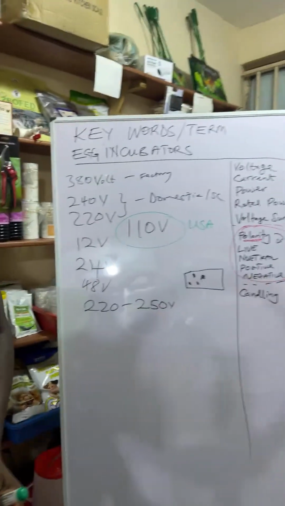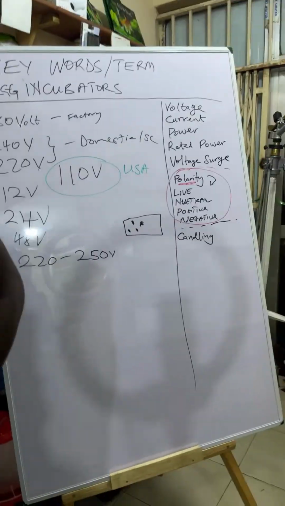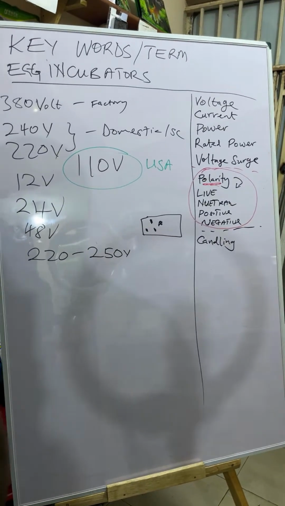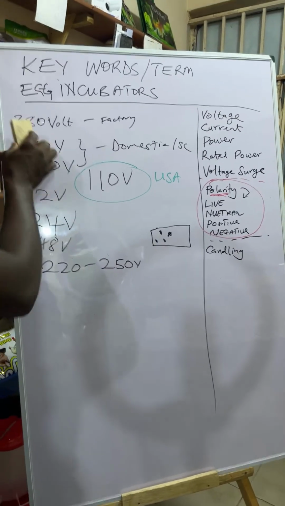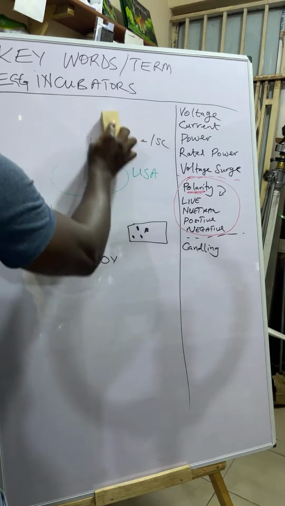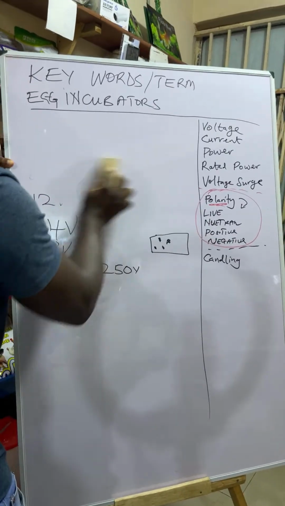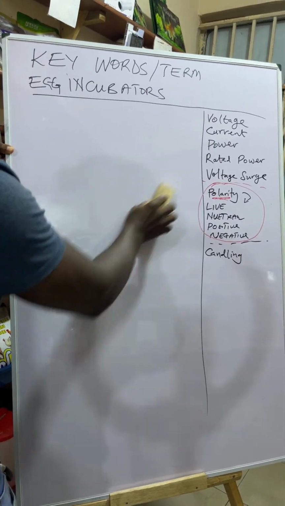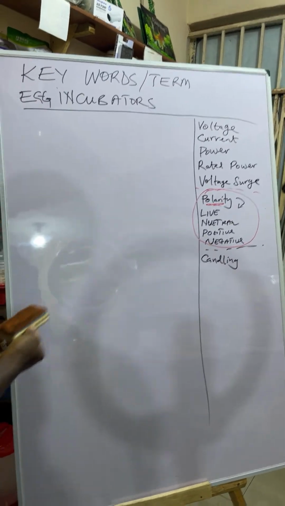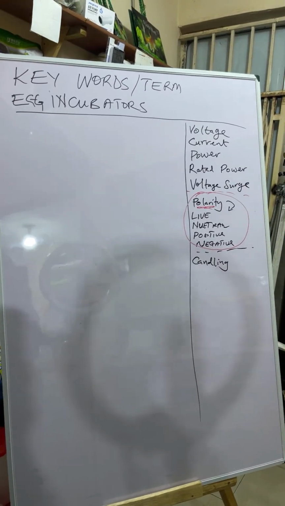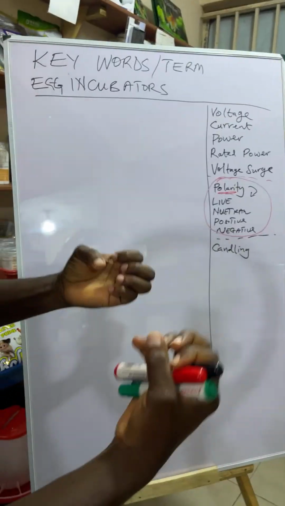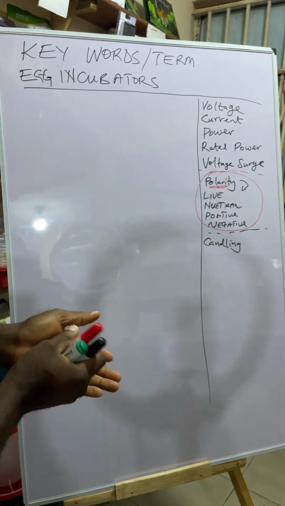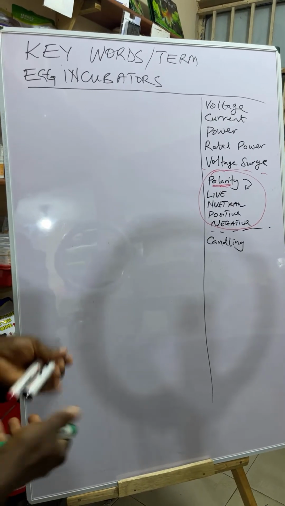So what is voltage? Most of us here are, excuse me to say, not so technical, so I'll use simple words. Voltage is, let's say, the power or the force that comes out of your power sockets.